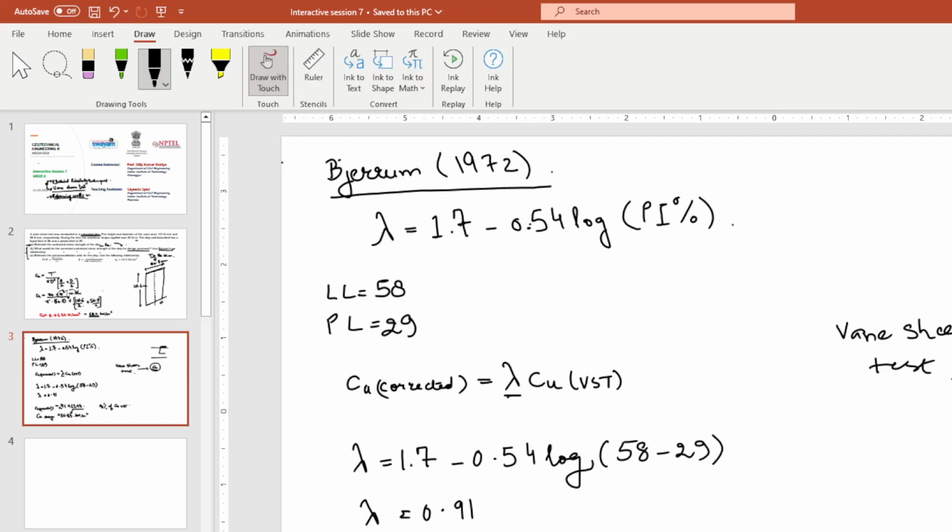As a designer, I will use this value instead of this value in my QU equation. You understand? So that I don't over predict.